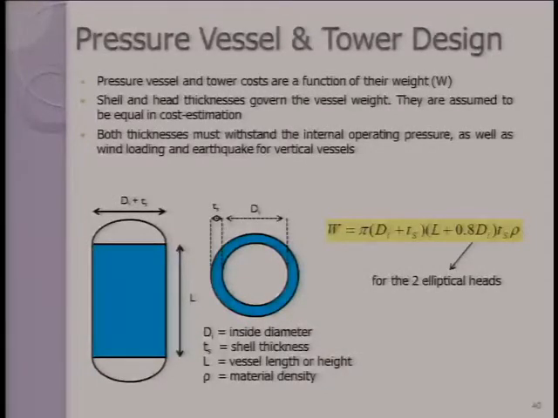So we know how to select the Di. The length is also known, usually from the number of stages, or for a reactor, it will be from the conversion that you want to achieve. So what we don't know is Ts, the shell thickness. That's basically what we are going to calculate.